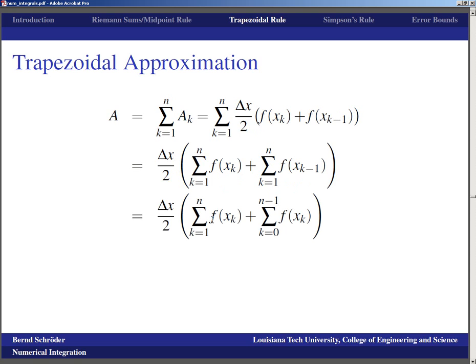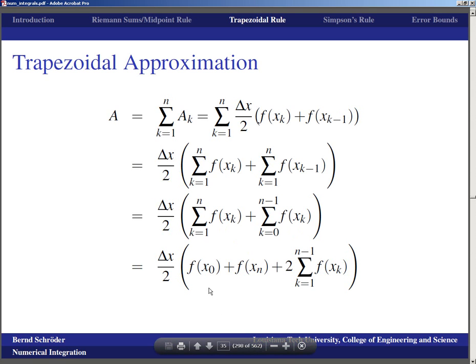The sum of the f(x_k) stays the same, but if I sum from 1 to n over f(x_{k-1}), that's the same as if I start at 0 and go to n minus 1 with f(x_k)'s. And so basically that would mean that the 0th value comes out, the nth value comes out, and everything else is doubled. So we end up with delta x over 2 times f(x_0) plus f(x_n) plus 2 times the sum k equals 1 to n minus 1 of f(x_k).